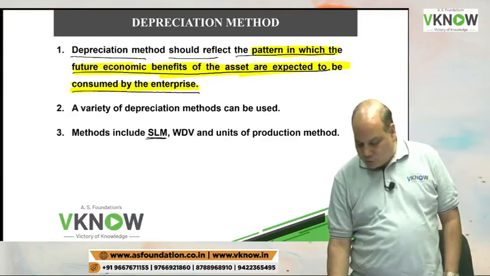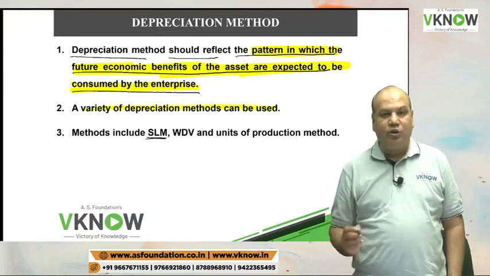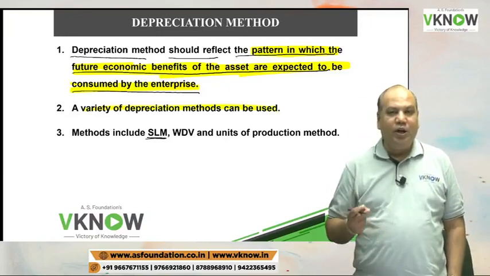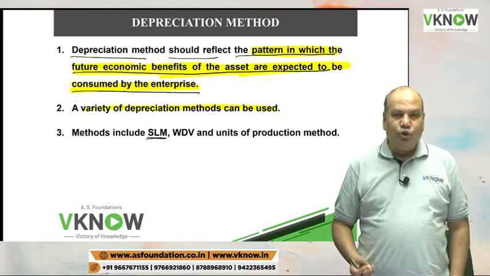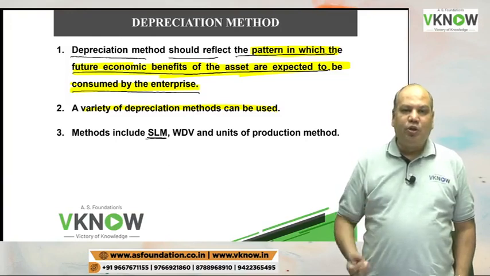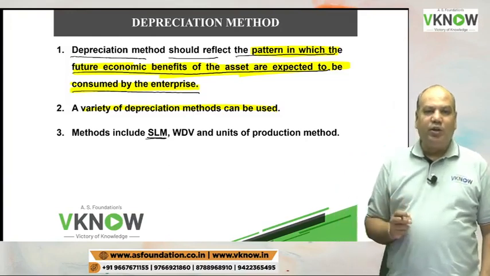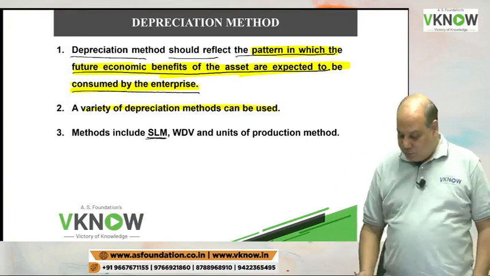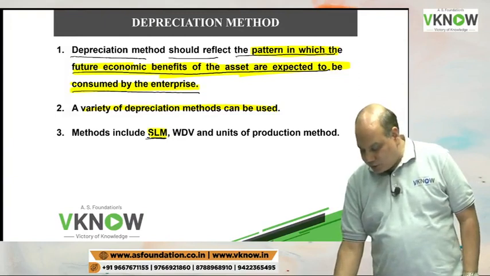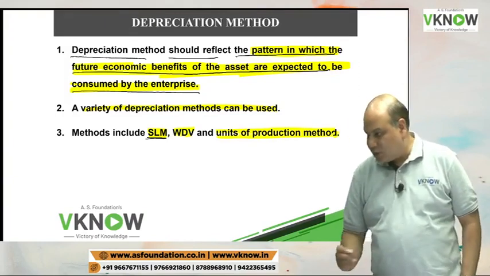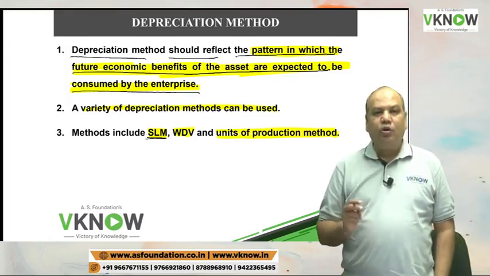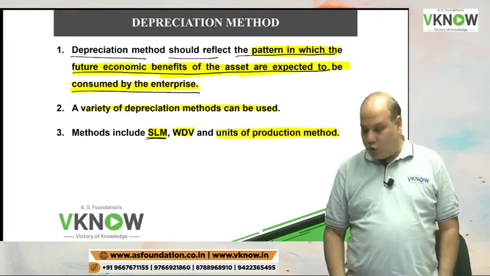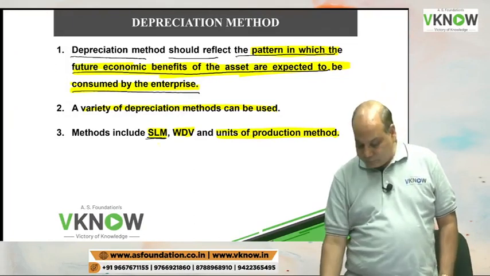So therefore, more than one method of depreciation is possible depending upon how the enterprise consumes the future economic benefit generated by the asset. Okay, like how the outputs are generated. So this standard says, AS-10 says, one can follow either SLM or WDV or unit of production method.